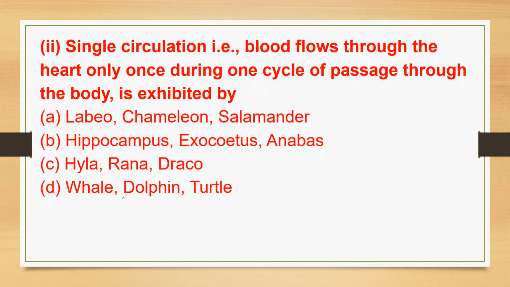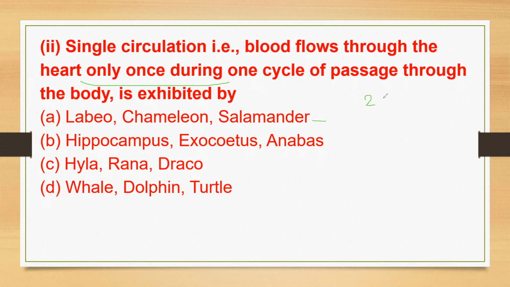D, whale, dolphin, turtle. We know that blood crosses the heart only once during one cycle if the heart is two-chambered, that is only possible once in every cycle, isn't it?